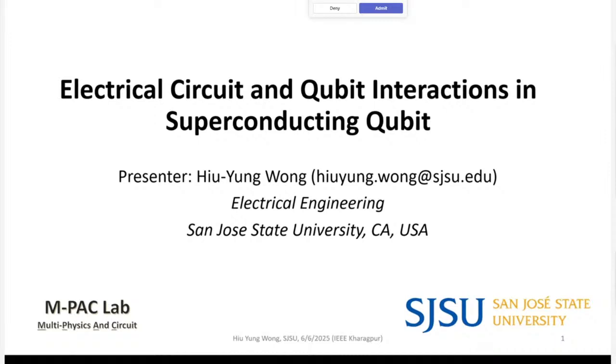In India, we have the National Quantum Mission initiated by the ministry. UNESCO has proclaimed this year to be the International Year of Quantum Science and Technology to recognize the importance of quantum technology and science. And on that same note, today from our institute, we are also hosting this talk by Professor Wong.